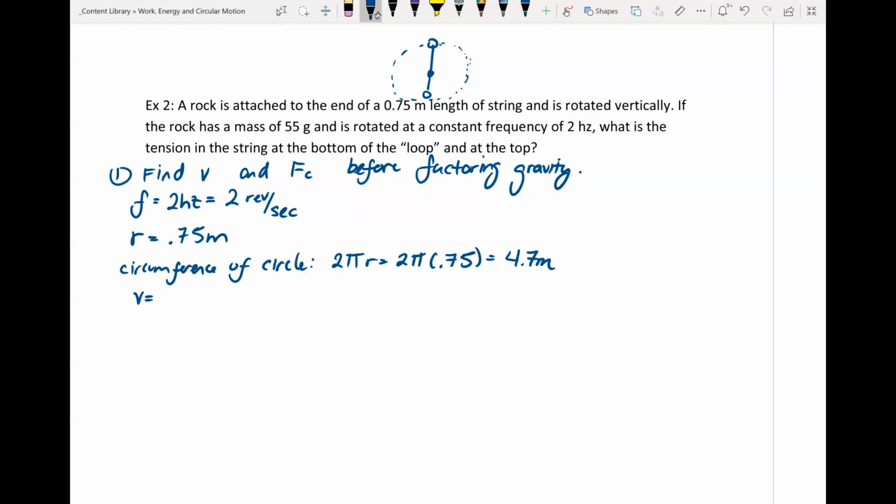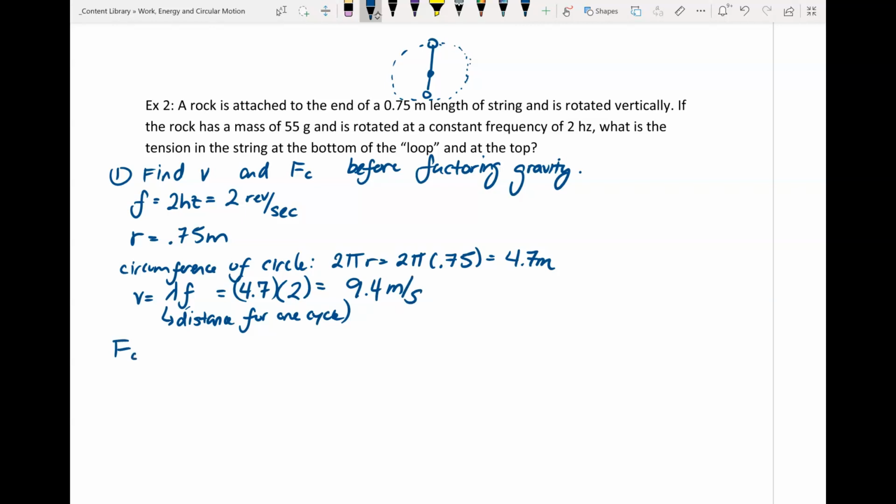From grade 11 physics, velocity can be found as lambda times f, where lambda is your distance for 1 cycle, and f is the frequency. So 1 cycle is going to be the circumference of the circle, which is 4.7 meters, multiplied by the frequency, which is 2 hertz. 2 times 4.7 is 9.4, and we are calculating velocity, so our units are in meters per second.